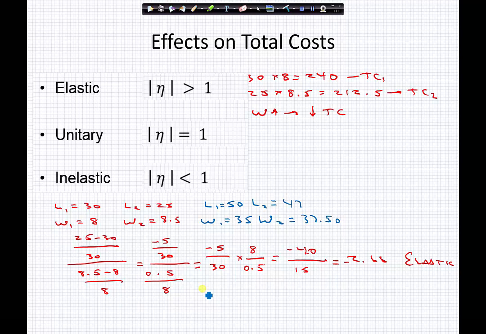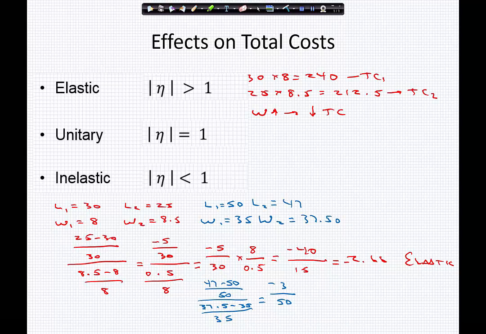Well, let's go ahead and calculate this out using the simple formula. We'll look at this and say that we've got 47 minus 50 divided by 50, and then all of that over 37.5 minus 35 divided by 35. And that would then equal for us negative 3 divided by 50. And let me just go ahead and do the inversion now of this.